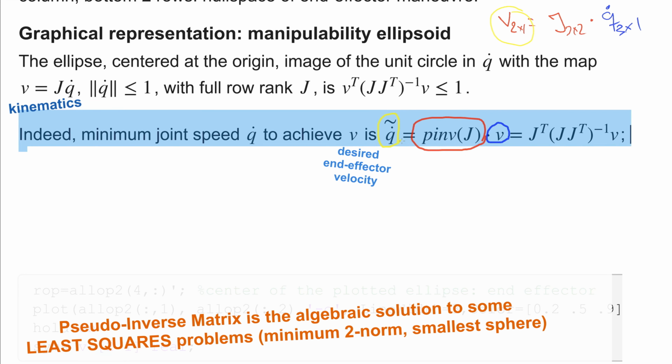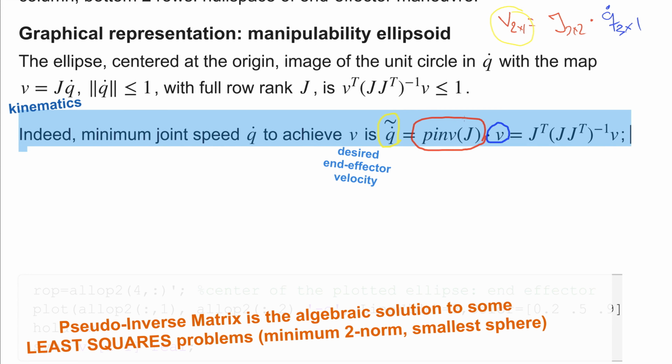So this is the main idea in this proof. If the pseudo-inverse of J times v has norm less than 1, then the end-effector velocity is feasible, and if it has norm greater than 1, then it's infeasible.